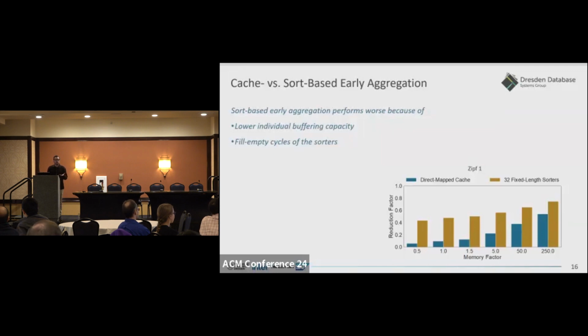And that is too drastic of an action, basically. Because if you compare it to caching, once a set of the cache is full, when a new row comes in, you would evict only one of the elements in the set, whereas for sort-based aggregation, you would evict the whole buffer.